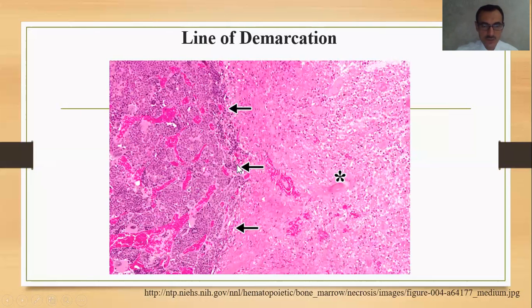And here we see congestion of capillaries or the blood vessels with lymphocytes. This inflammatory reaction we call the line of demarcation, that demarcates the necrotic area from the normal tissue. Here, this is the normal bone marrow, and the necrosis of the bone marrow.